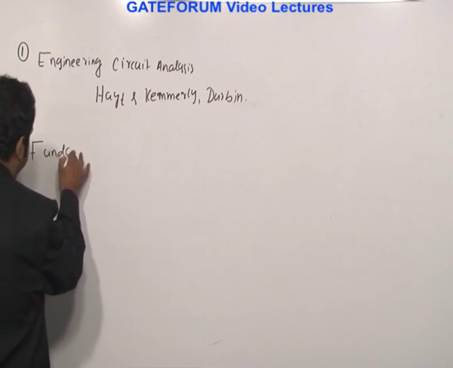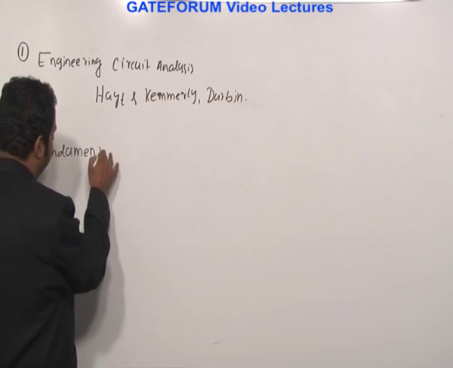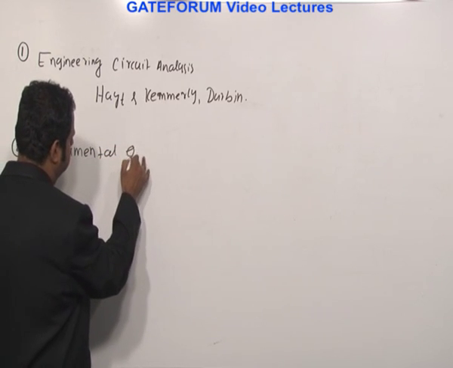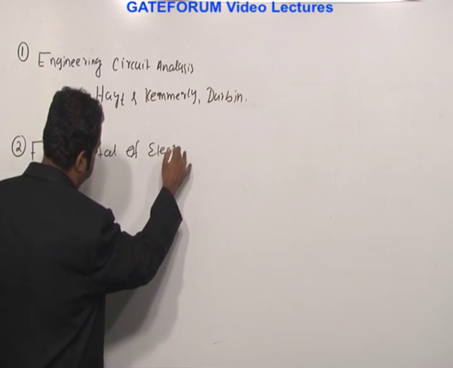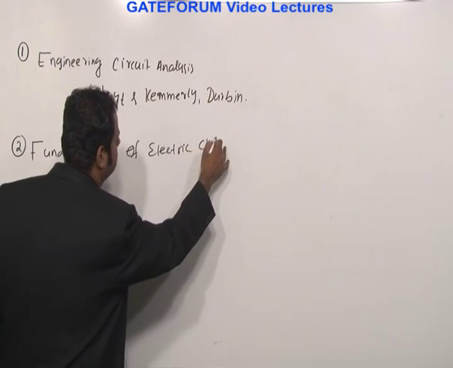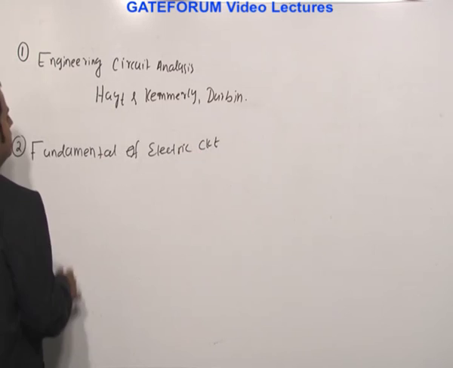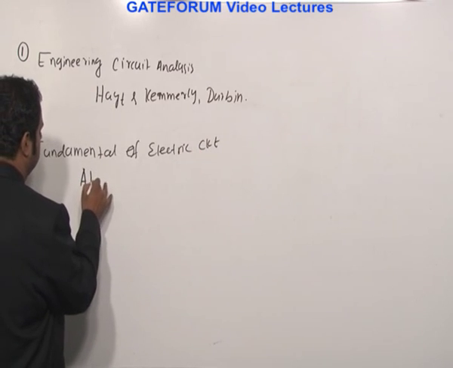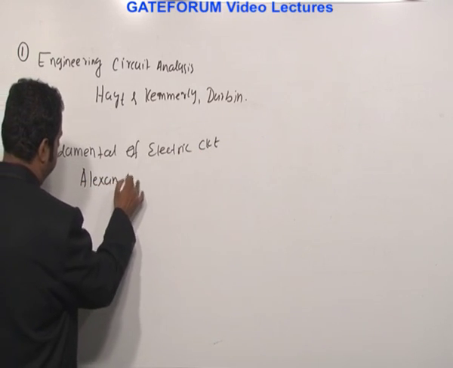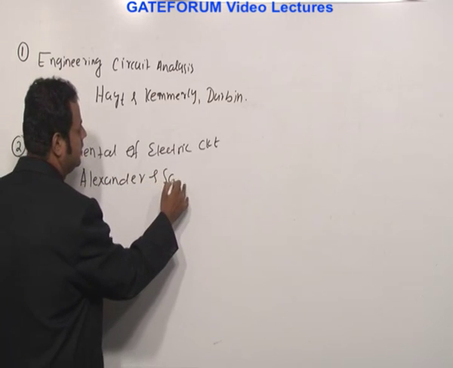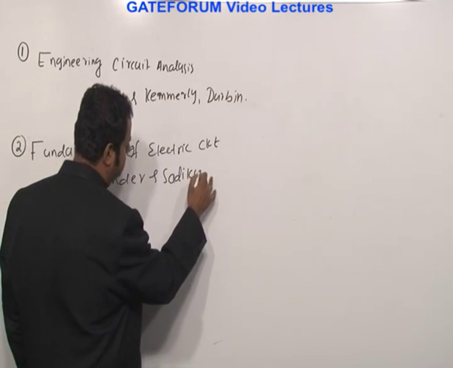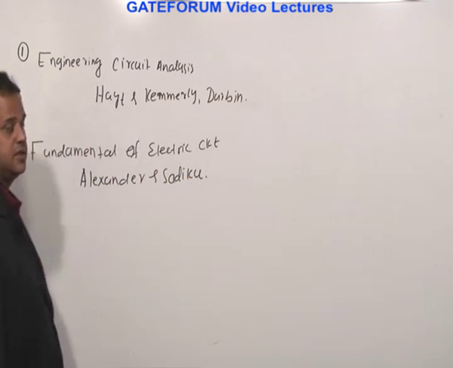The next one is Fundamentals of Electric Circuits, and the authors are Alexander and Sadiku. Sadiku's book is well known for EMT, and he has also written books on networks.